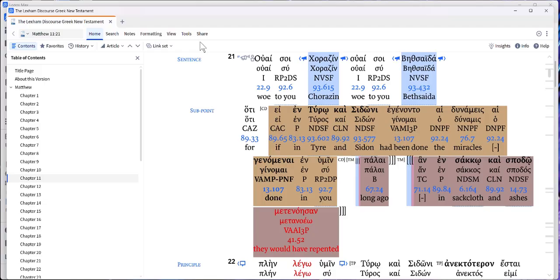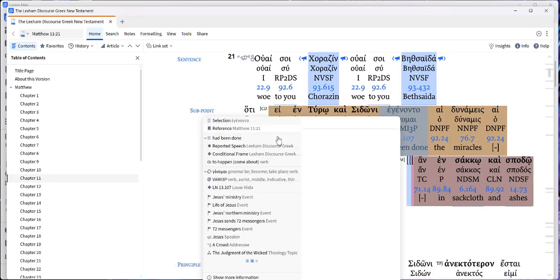And what is helpful here is that even if you don't know Greek, you can still find some things out. It's going to help us find the point. So here is the condition of if. Now, what we're looking for is either an aorist or an imperfect.